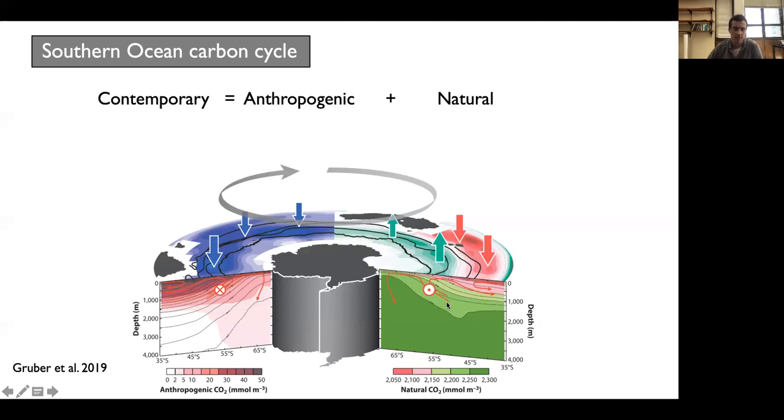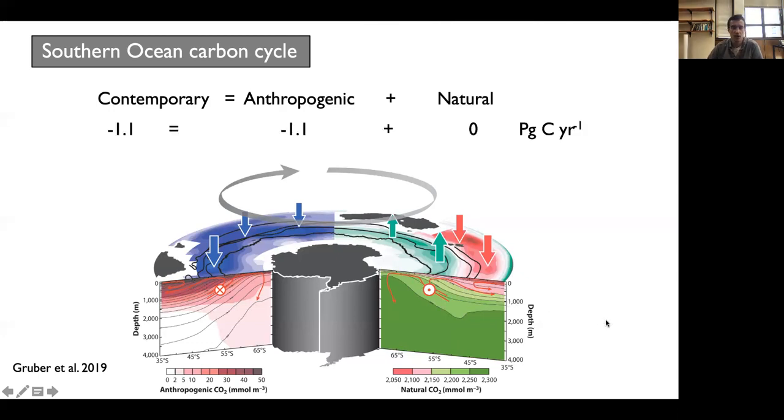And that is balancing this upwelled CO2 that is causing outgassing, as these deep waters that are enriched in degraded organic matter, so they're enriched in carbon, come up to the surface, they warm, and outgas that natural carbon to the atmosphere.